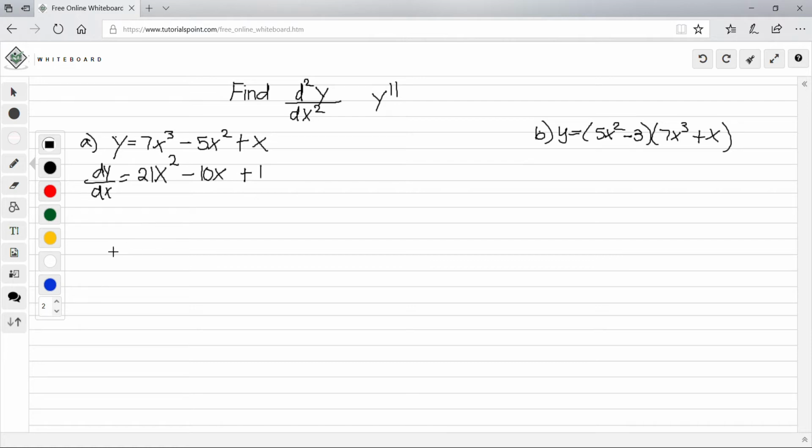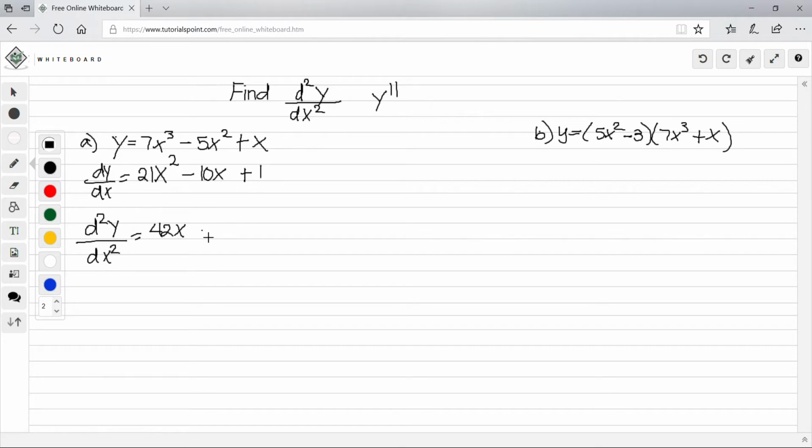They say they want to take the second derivative, so let's take the second. So it's d squared y over dx squared. So we've got to take the derivative of this again. So 21 times 2 is 42x, and then 2 minus 1 is 1, so you could just leave it as 42x.